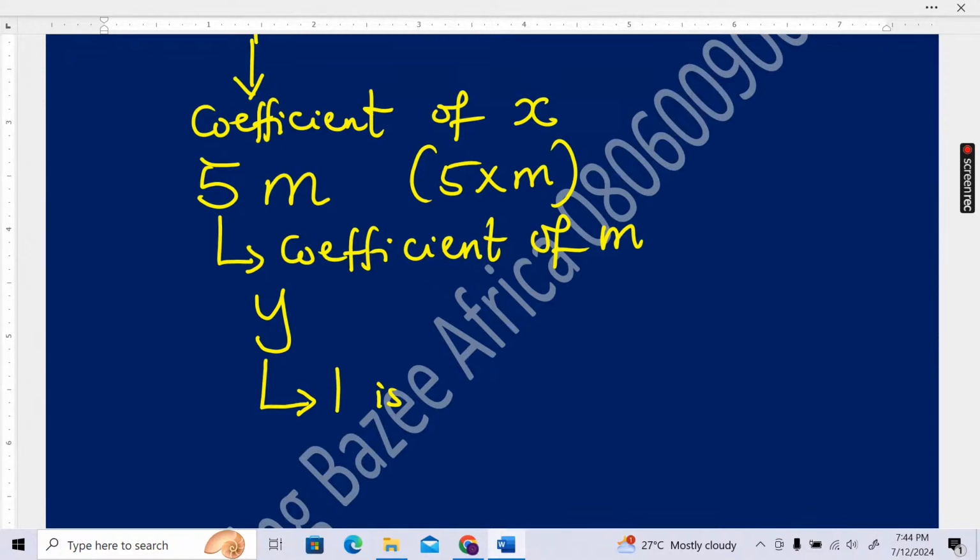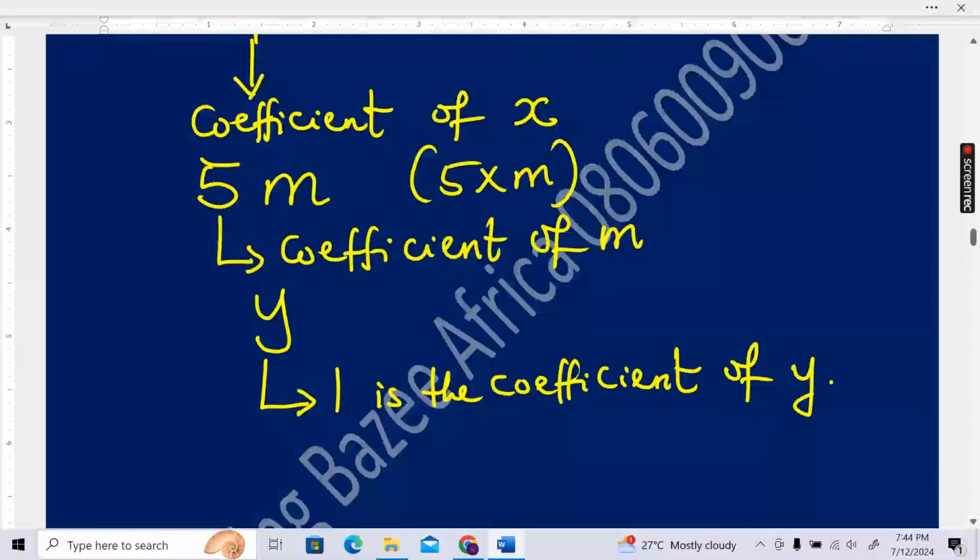So 1 is the coefficient of y. When you see a symbol standing on its own or a letter standing on its own, the coefficient of that letter is 1. I hope you understand.